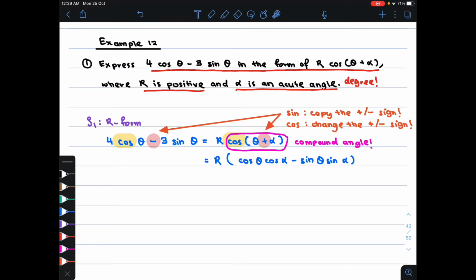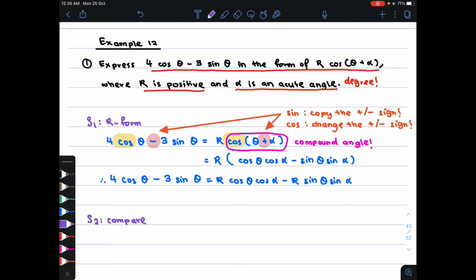Now you just need to expand r into the bracket, and you'll get r cos theta cos alpha minus r sin theta sin alpha. This expression is equal to 4 cos theta minus 3 sin theta. So that's for step 1.